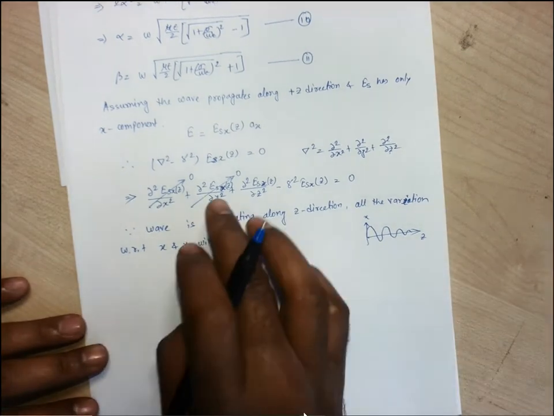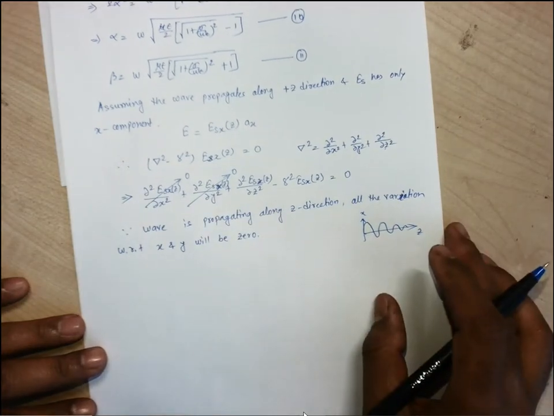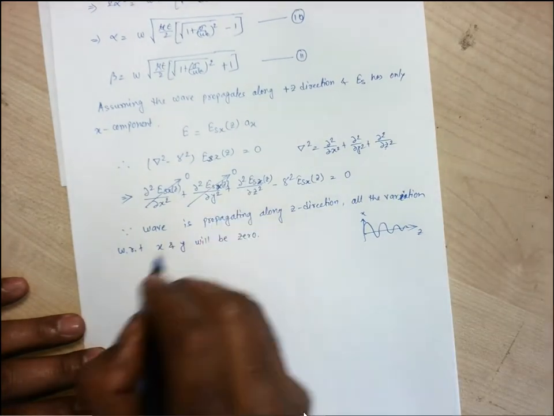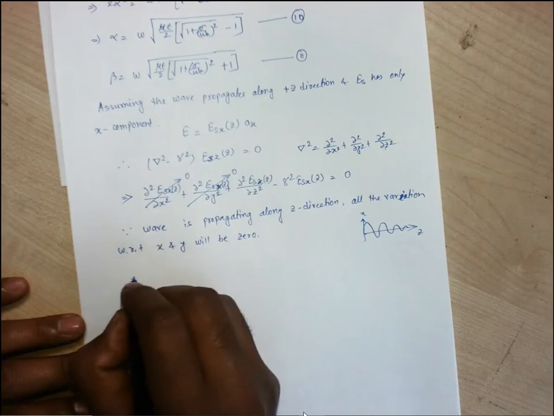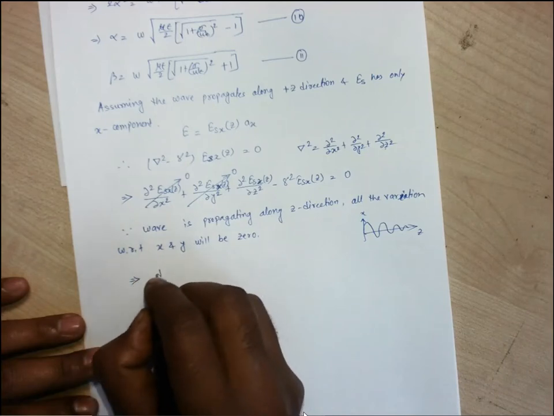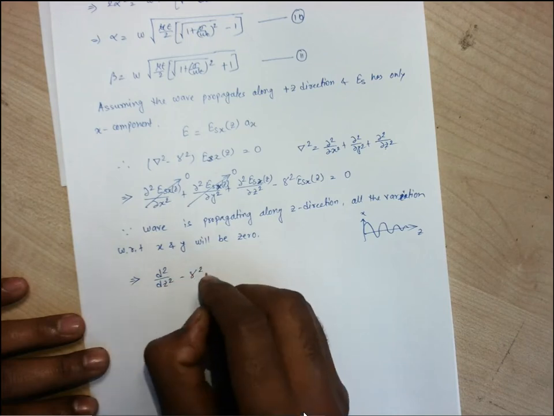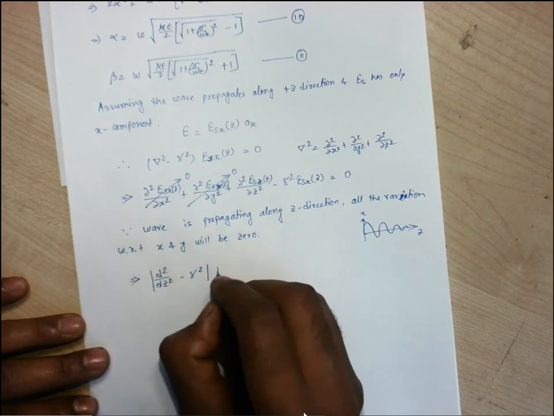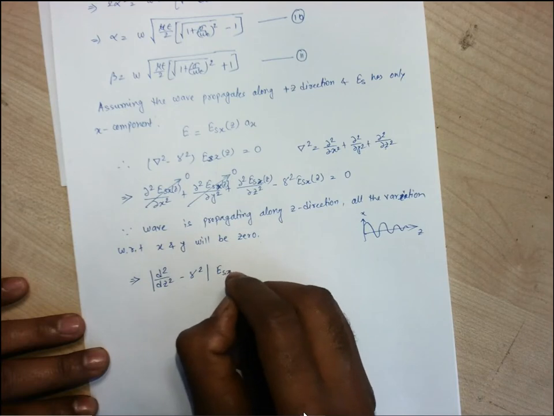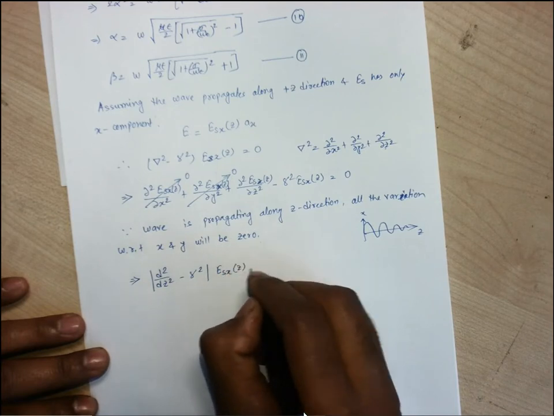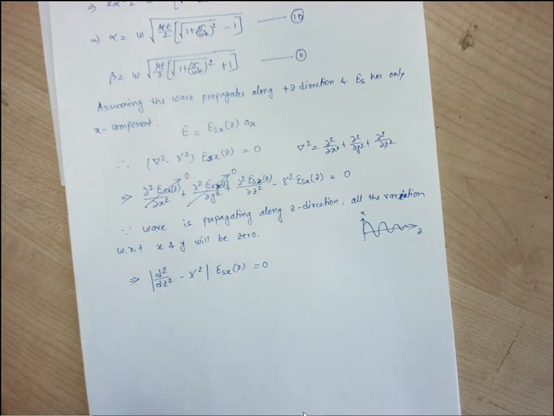So this partial variation, now it will become direct differentiation. Then we can write this one as d square ESX by dz square minus gamma square ESX(z) is equals to 0. Okay, so this equation is known as scalar wave equation.